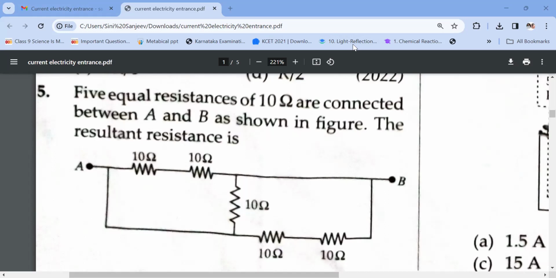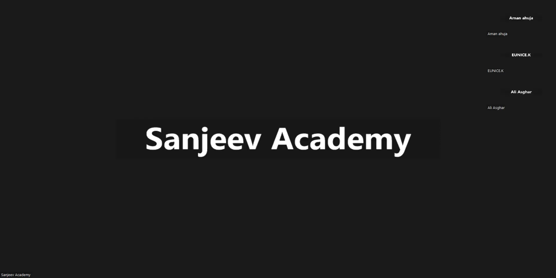I think it's still loading. I think Zoom has crashed now. One second. I think you should be able to see my screen now.